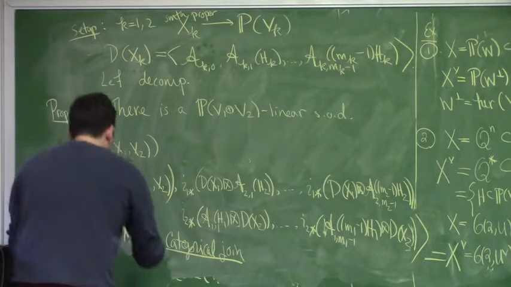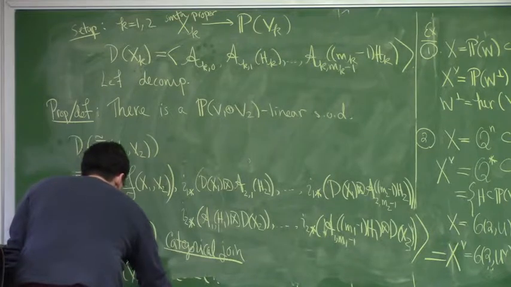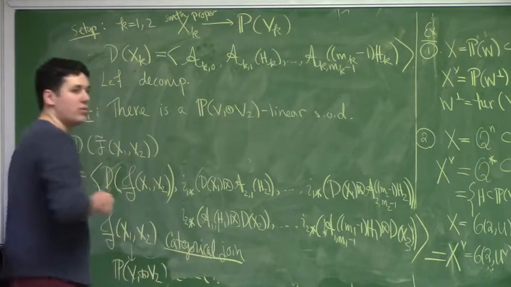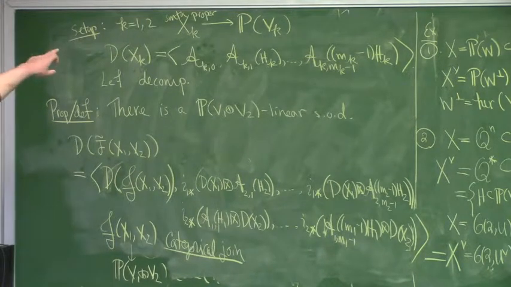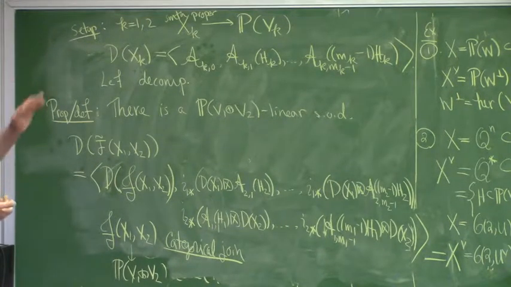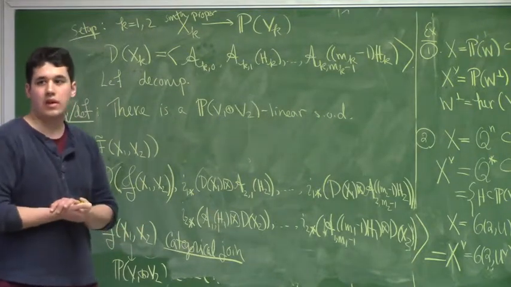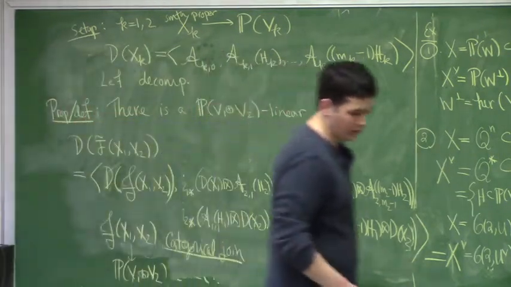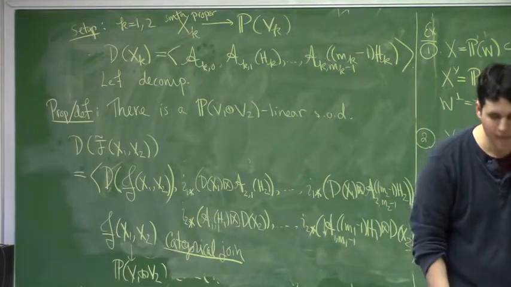And in the notation I introduced before, that exactly means that this non-commutative variety has a map to this projective space. So the categorical join of x1 and x2, as in the setup, is a non-commutative variety with a map to the projective space P(V1 plus V2). That's the main object of the talk.